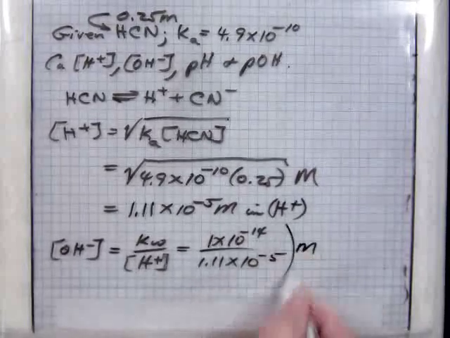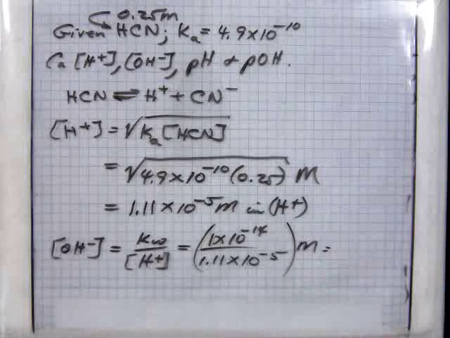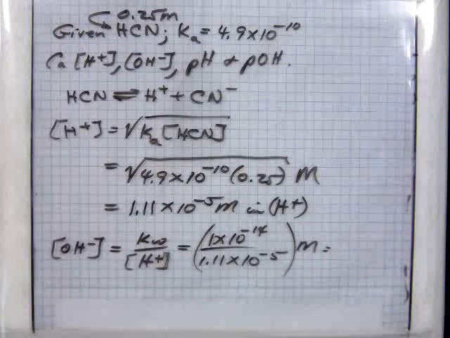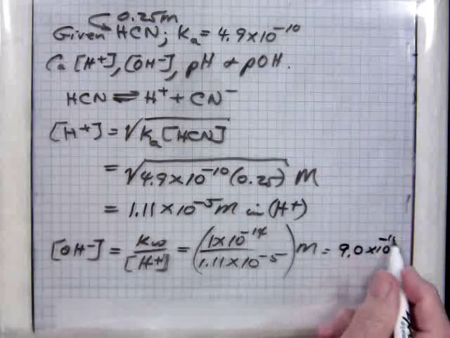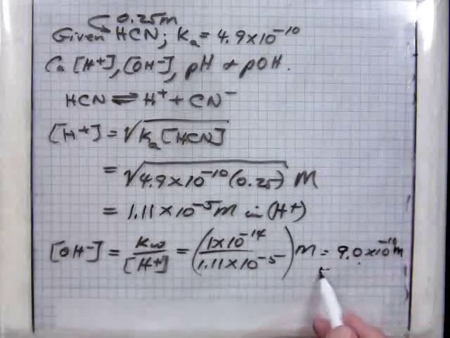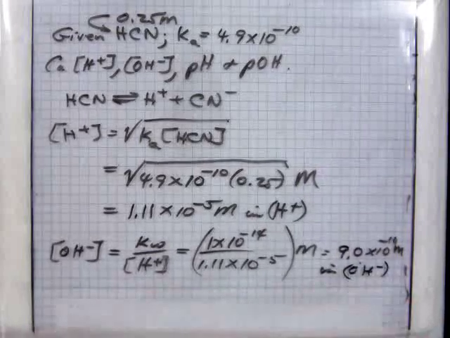Everything's going to come out in moles per liter. That gives 9 times 10 to the minus 10 molar OH ions, right there.